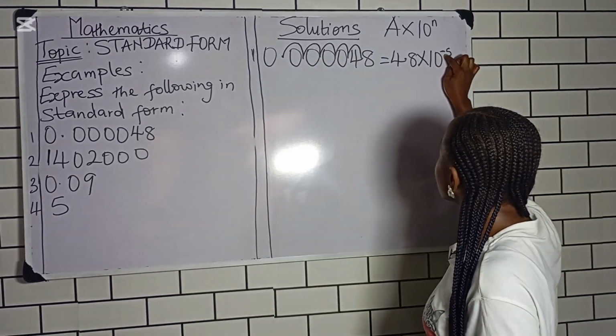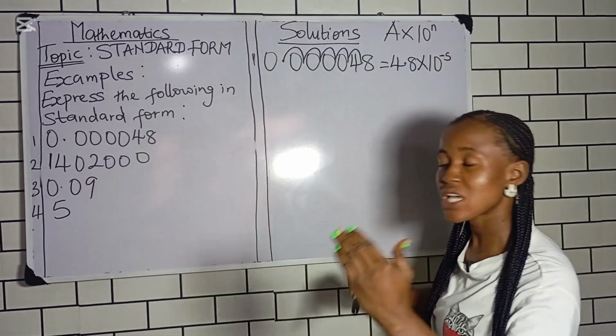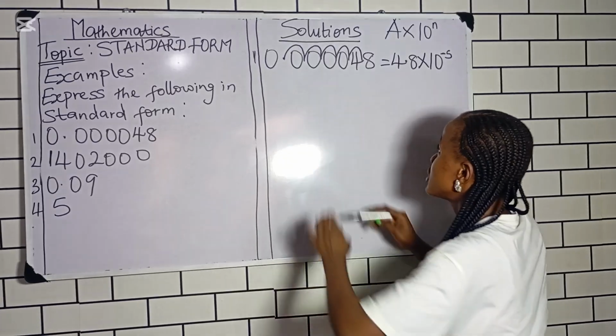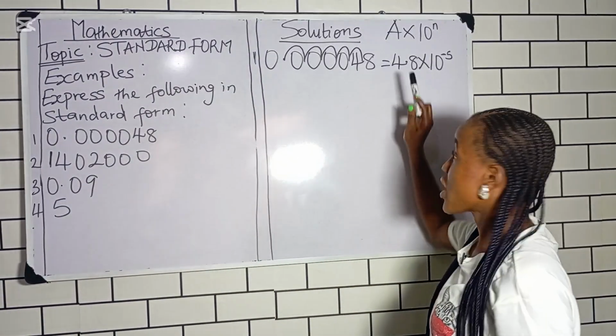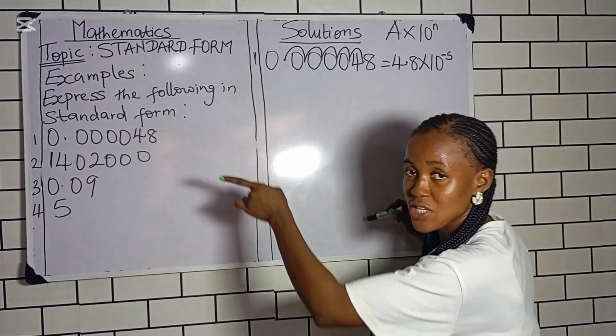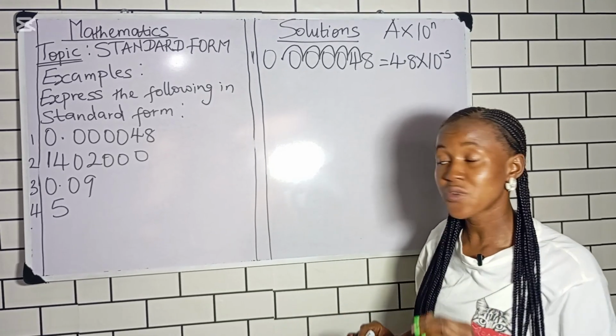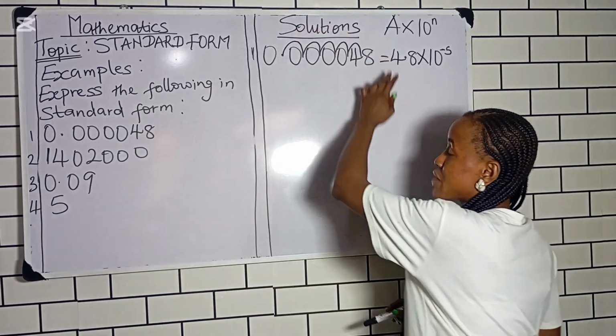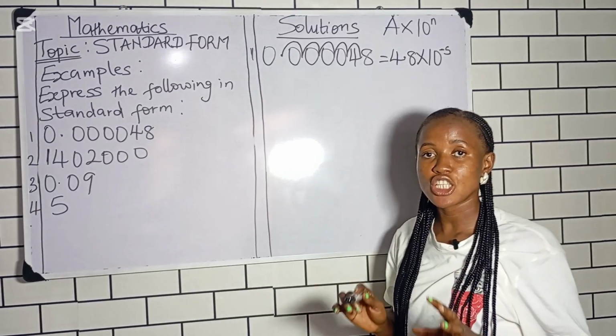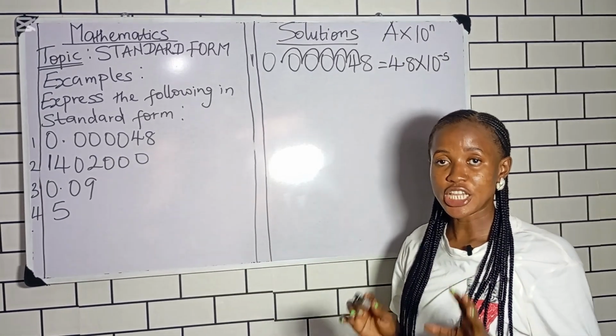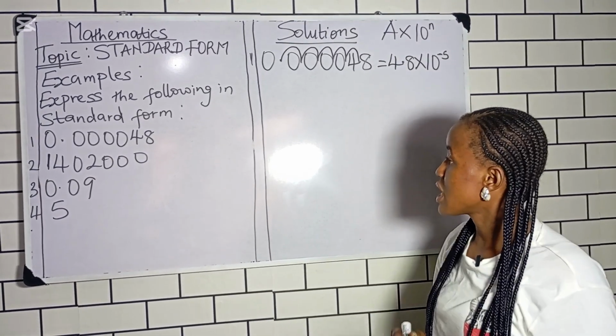And then the negative sign here is because we counted from the left side to the right. If you are counting from the right to the left, it's going to be a positive power of 10. But if you are counting from the left to the right, your power of 10 is going to be a negative integer.